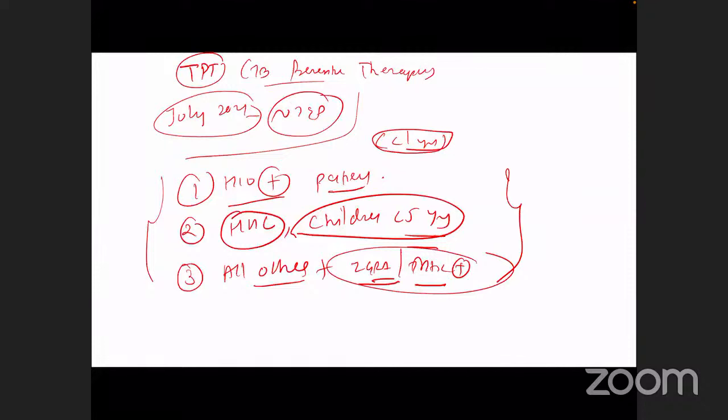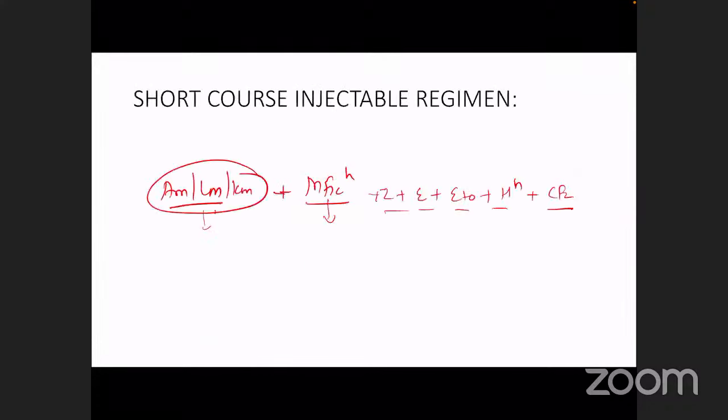And obviously, there are different drugs for TB preventive therapy with respect to drug-sensitive TB and drug-resistant TB. In that case, what we usually do is first rule out active tuberculosis.